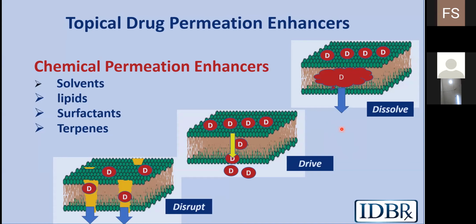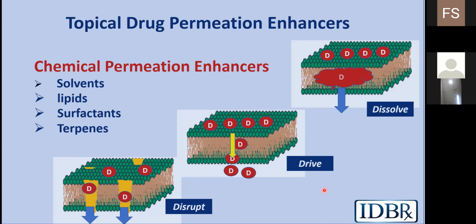The chemical permeation enhancers could be just the solvents that you use in your formulation, or the lipids, surfactants, or something like terpenes. Basically, what they do is they enhance the dissolution of drug in the stratum corneum.